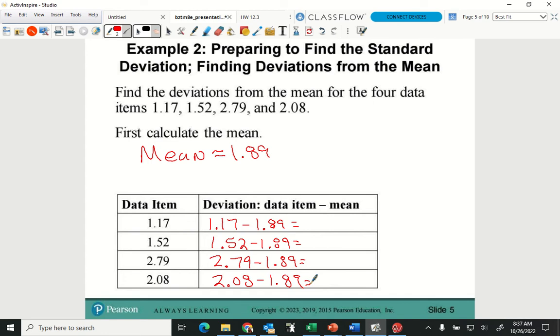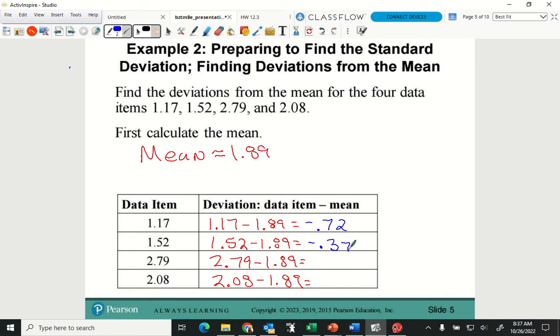All right, let's start filling in. I'm going to change colors here. My first value, what do I get? Negative 0.72. Okay, good. Next one is going to be 1, what? No, just 0.37.